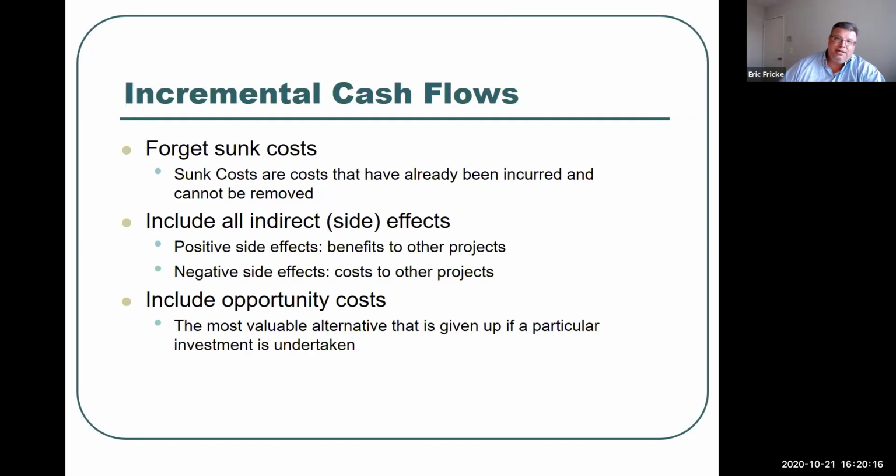Include opportunity costs. By that I mean opportunities that you're giving up by doing this project. If there are alternatives to this project, you should think about presenting them as alternatives. I'll give you an example. Let's say you own a piece of land, and the project you're proposing, that you're going to do the NPV analysis of, is to build a new building on it. Okay?